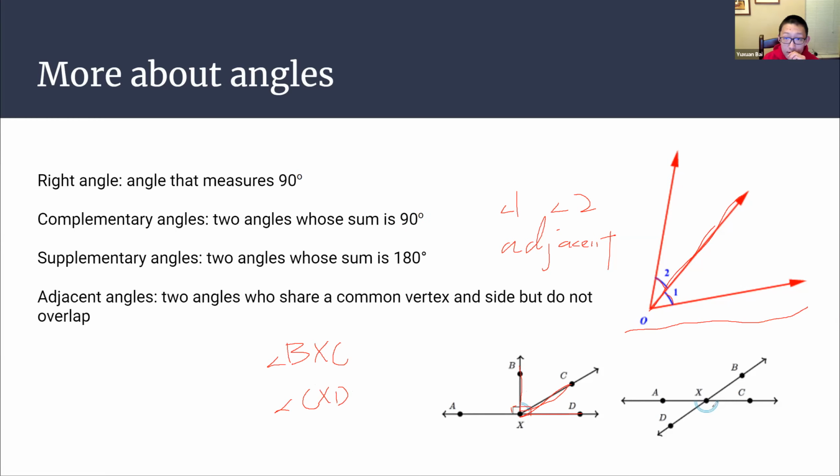And then we see this one over here, angle AXD. Angle AXD is supplementary to angle DXC, because they form a straight line right here. And AXC would be the 180 degree angle.